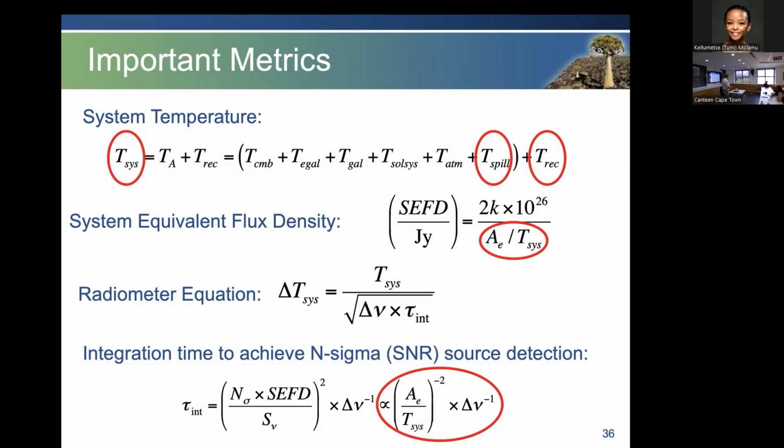You want this SEFD to be as small as possible. That means you want Ae over T-sys to be as big as possible. Ae is the aperture, T-sys is the system temperature. That was the design equation that we used for building MeerKAT and the SKA subsequently. Get as much effective aperture as you can, lower the system temperature as much as you can. All of that optimization work was done by South Africans.